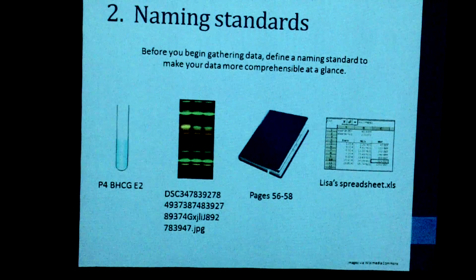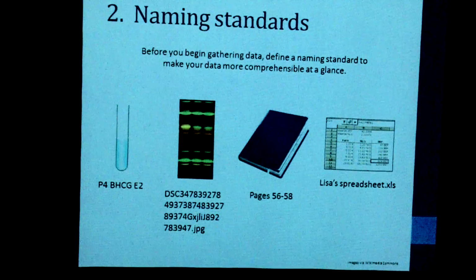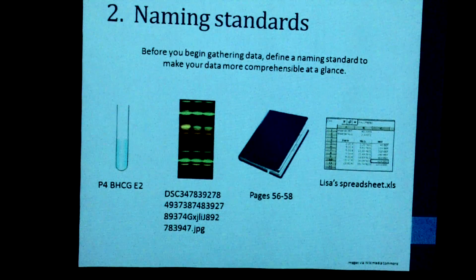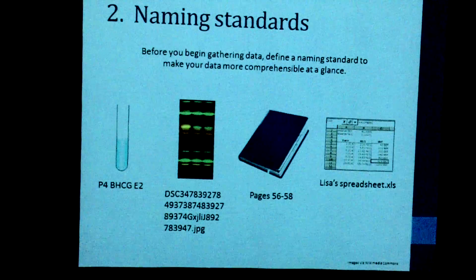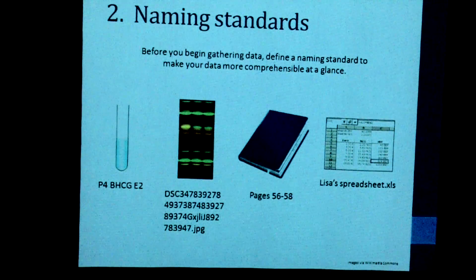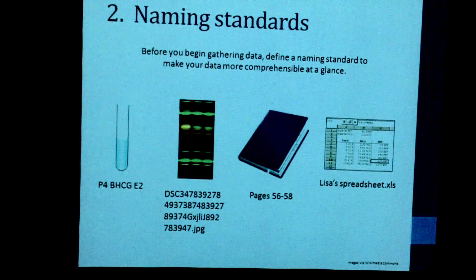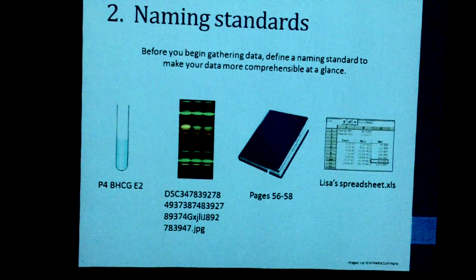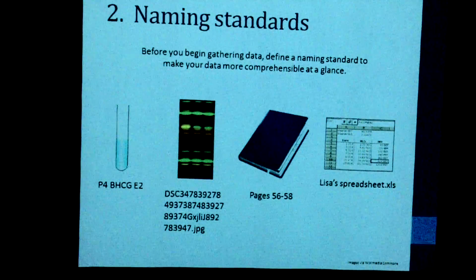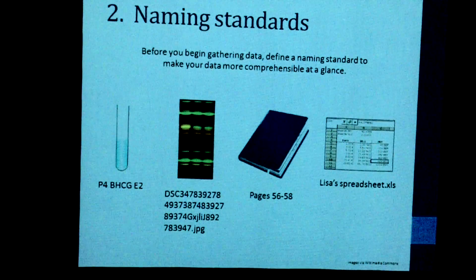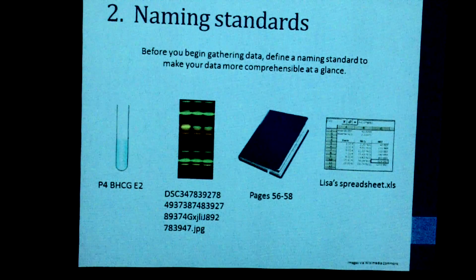And then we have a spreadsheet that has a meaningless name, again, like Lisa's spreadsheet or, you know, data 1 or whatever. So this, all information about the same experiment, but it's really not very easy for us to use. If someone came in from the outside, they wouldn't be able to know that these all went together. So it would be useful if we had some way of connecting all of this data.